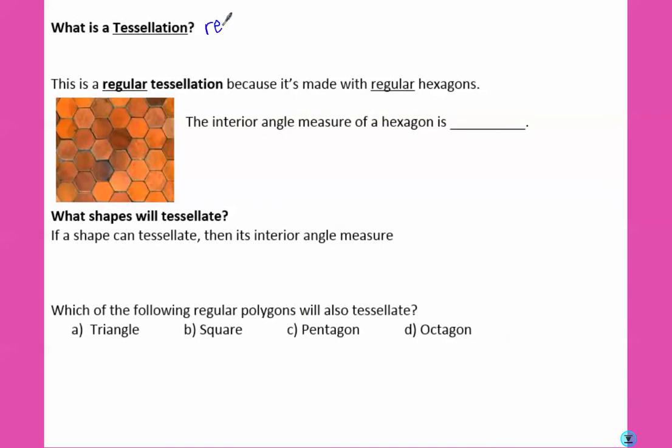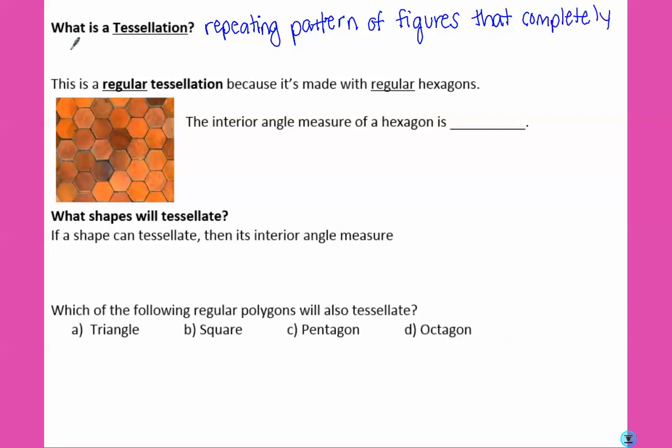Tessellation is a repeating pattern of figures that completely cover a plane with no gaps or overlaps.